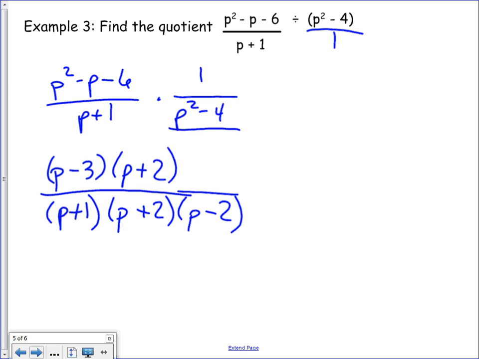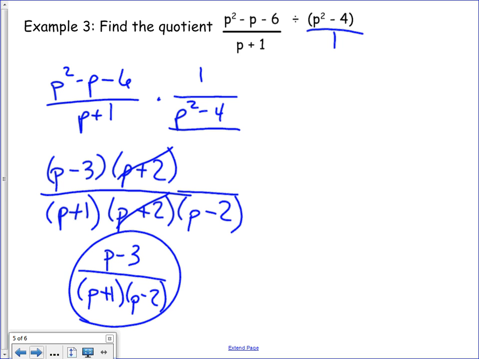So now we want to cross out any common factors, which we have a p plus 2 and a p plus 2. So we're left with p minus 3 over p plus 1 times p minus 2, and that's in simplest form.